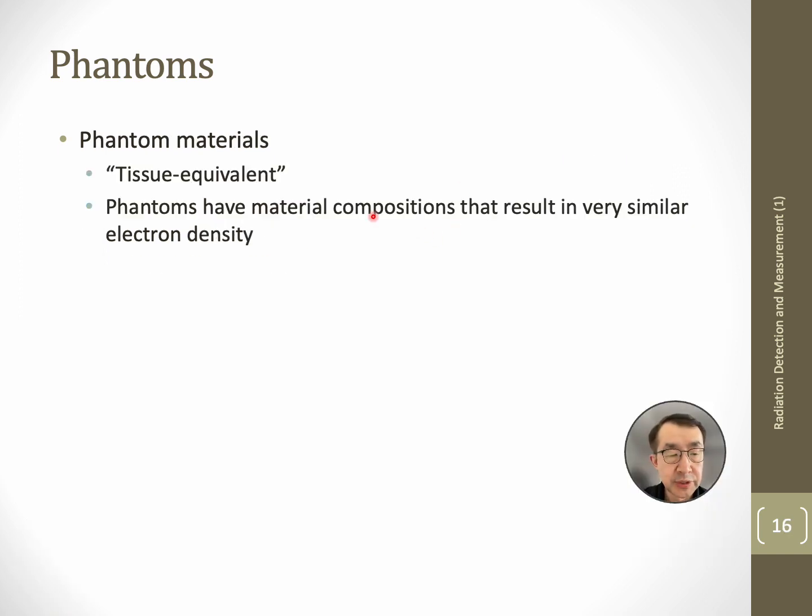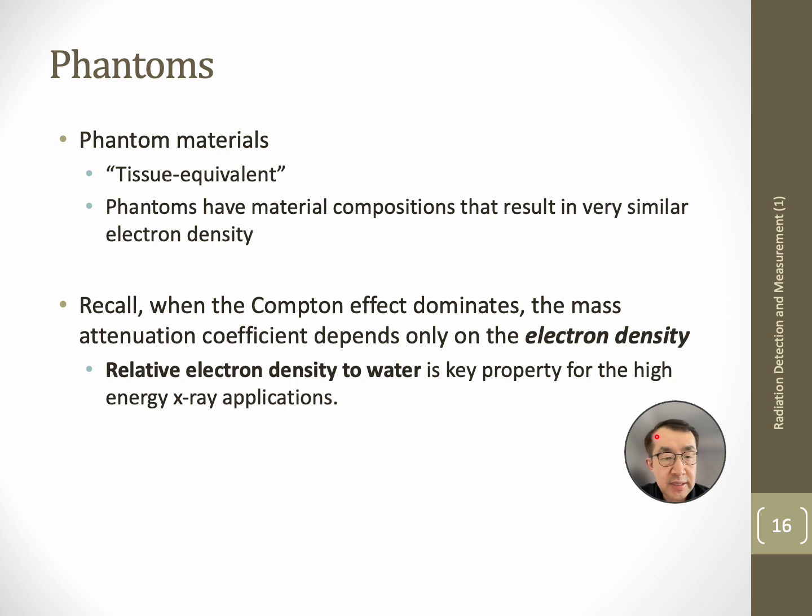We're looking for material that is tissue equivalent. Especially in our application in the megavoltage photon and electron range, what we care most about is electron density. So we want material that has similar electron density to that of water. So why is that?